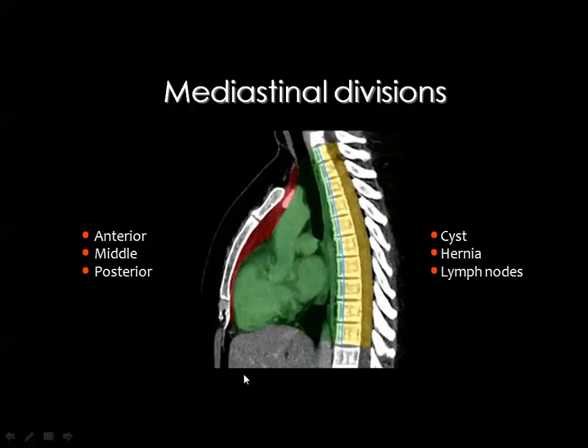Then also, as stated in the mediastinum of adults, there will be in each mediastinal compartment a cyst, a hernia, and a group of lymph nodes.